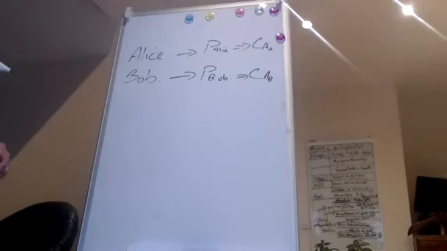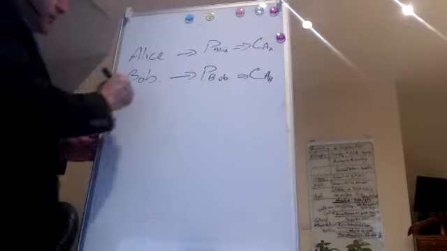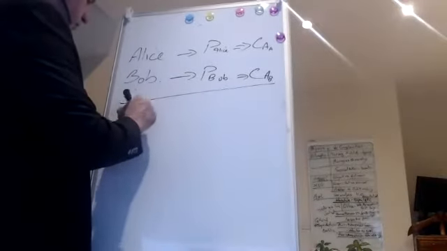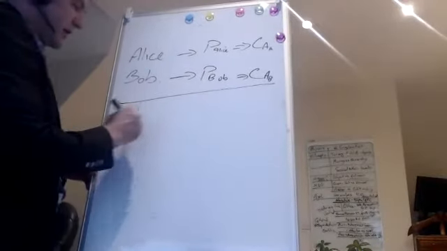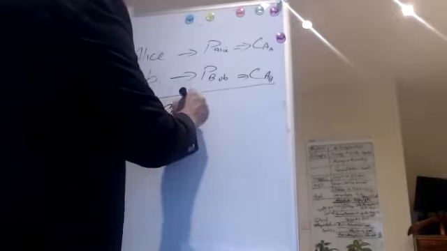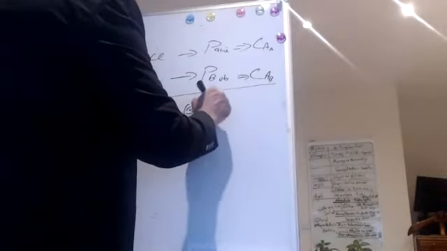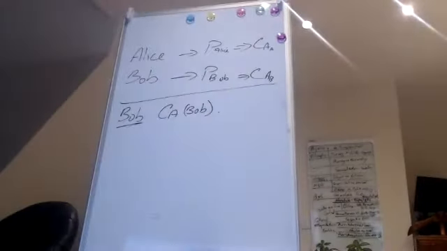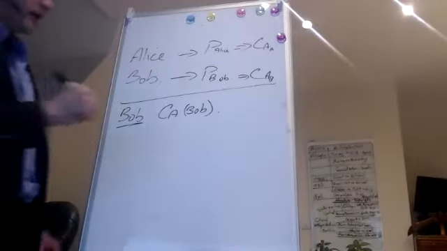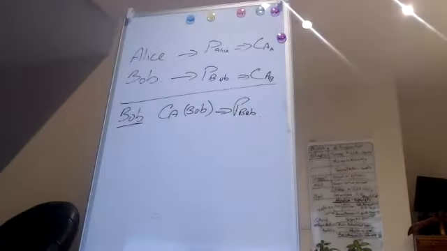But now, what we can do is, say we know that Bob has a CA of Bob certificate. So we know that Bob has a particular P Bob. We know Bob has an ECDSA key, and it can be linked on his website.